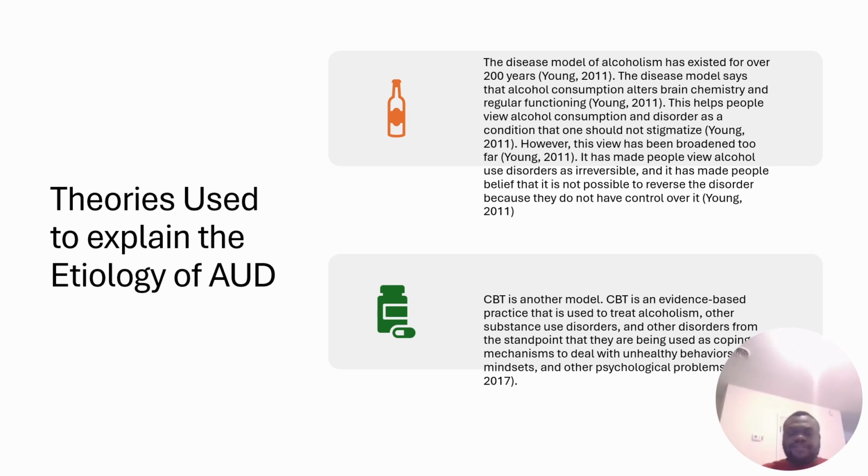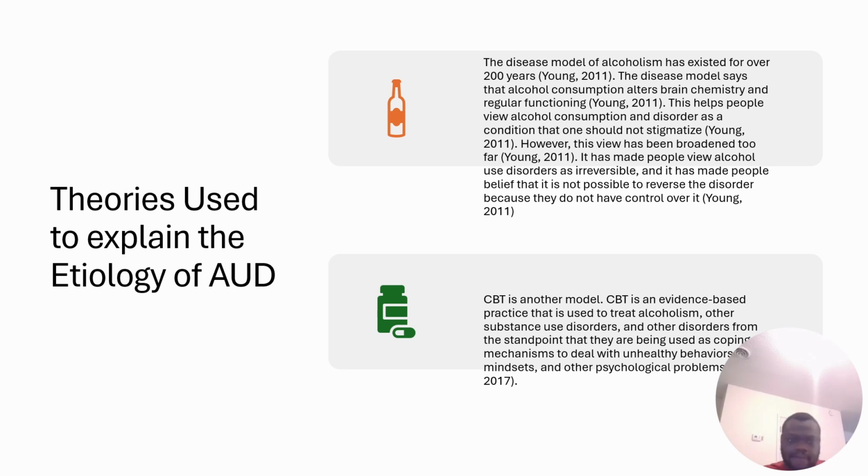And then another theory is CBT, which, in short, is cognitive behavioral therapy. It's an evidence-based practice that's used to treat alcoholism. However, it's also used to somewhat explain alcoholism, in the sense that drinking has been used as a coping mechanism and sometimes as a reward mechanism.